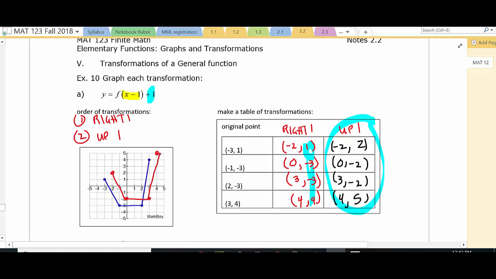Now this one's easy to see. Can you guys see that for the blue graph, all I did was move every point right 1, up 1? So you can do that problem in your head. That's easy enough to just move those points, then you've got what your new graph looks like. So that's the transformation of that function. That's how you transform those points, okay? All right, everybody got that okay, you think?